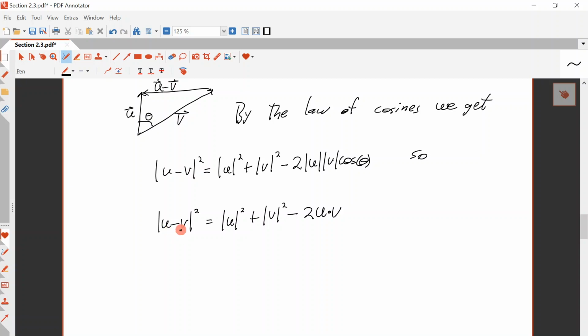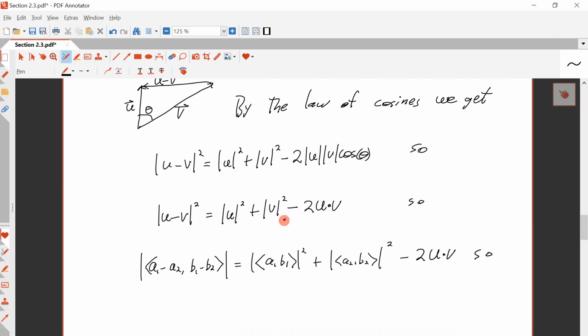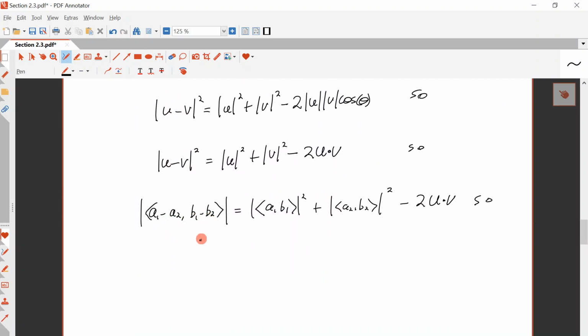Okay, so now let's put these into component form. U minus V is (A1 minus A2, B1 minus B2). The length of that squared equals the length of U squared plus the length of V squared, minus 2 U dot V. Well, what's the length of a vector?